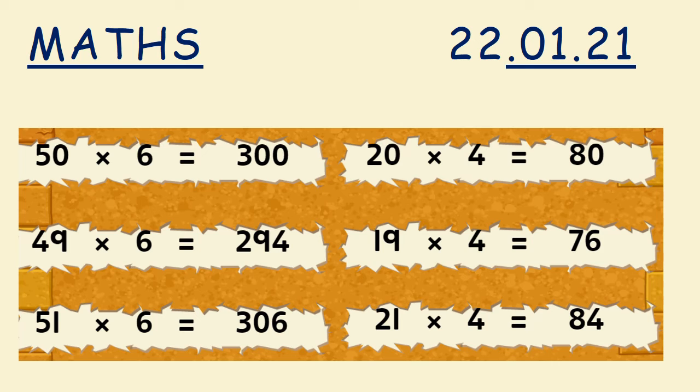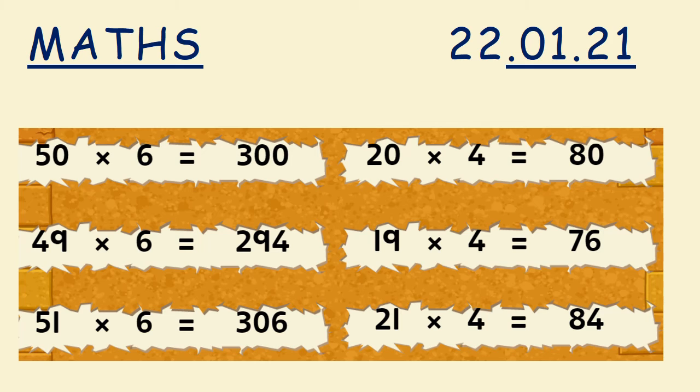When I add these two numbers, it equals 294. 51 times 6 equals 306. I know that 50 times 6 is 300, and 1 times 6 is 6. If I add 300 and 6, it is 306.